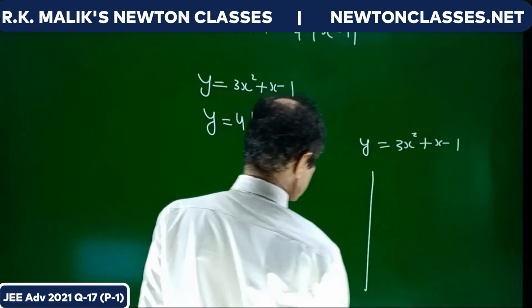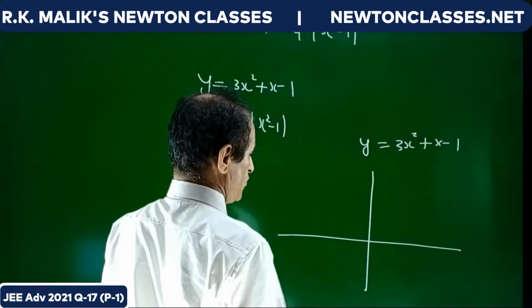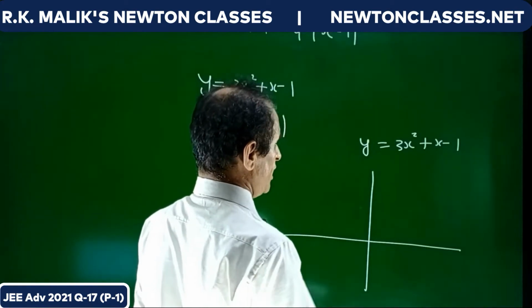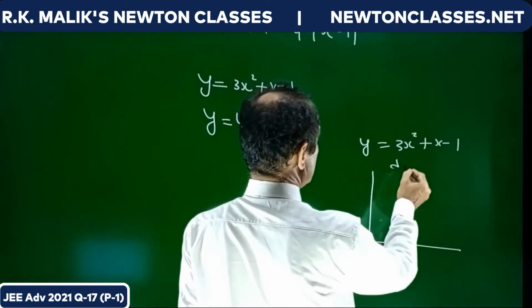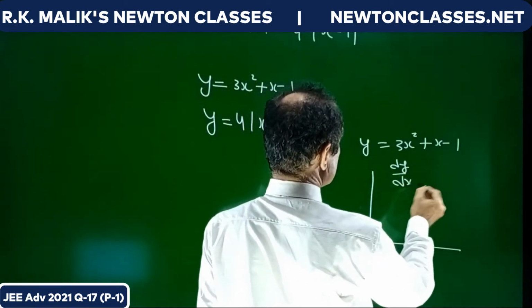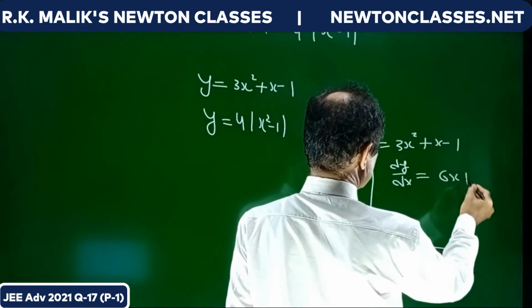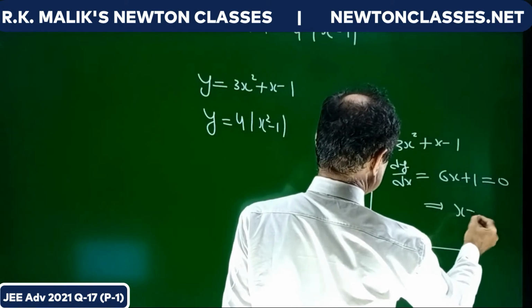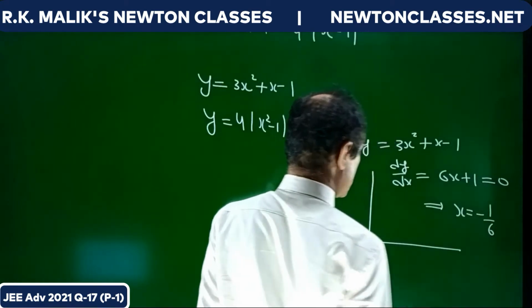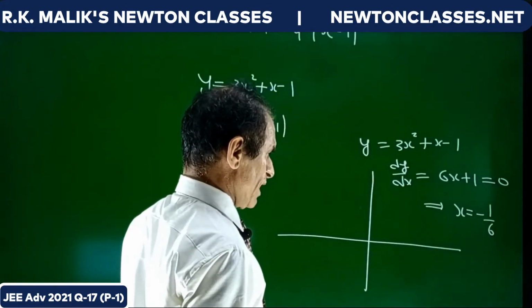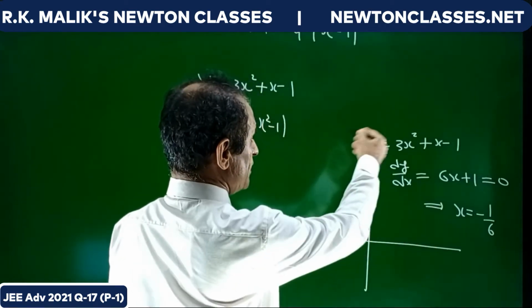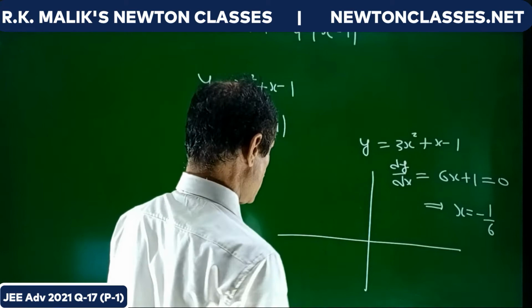The graph of this quadratic equation will be an upward parabola, and it is also clear to you that because dy by dx equal to zero implies that x equal to minus 1 by 6, and therefore minus 1 by 6 is the x coordinate of turning point of this parabola.